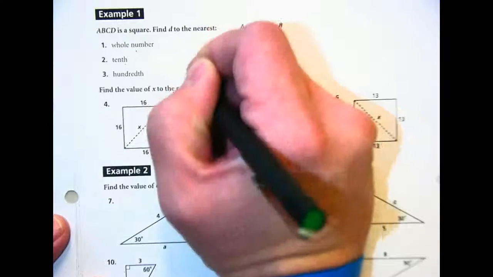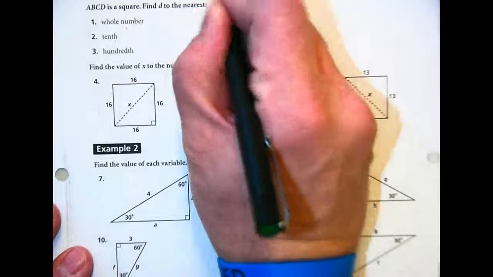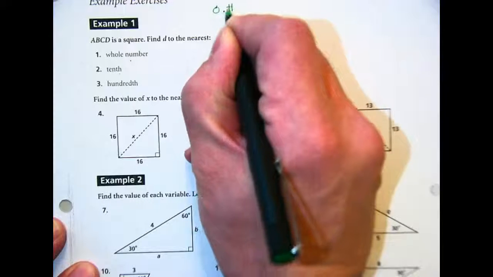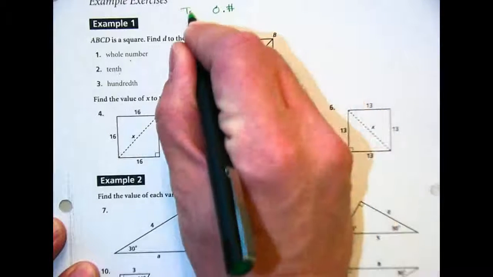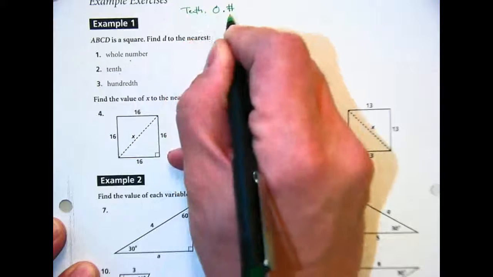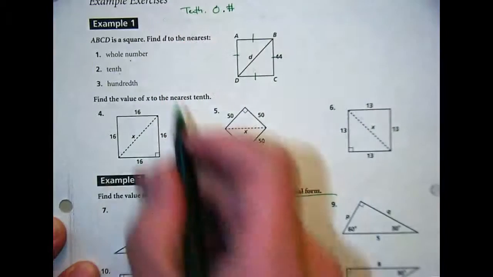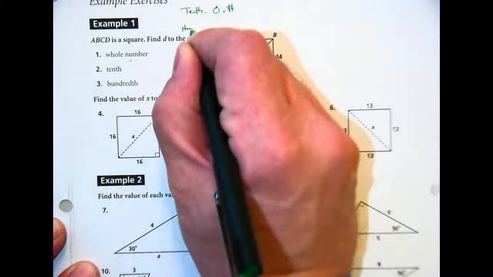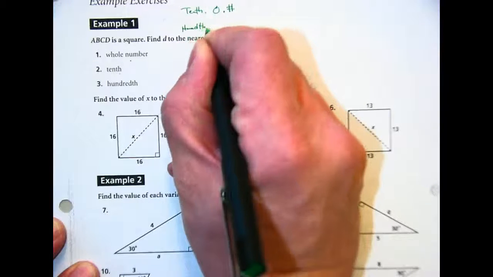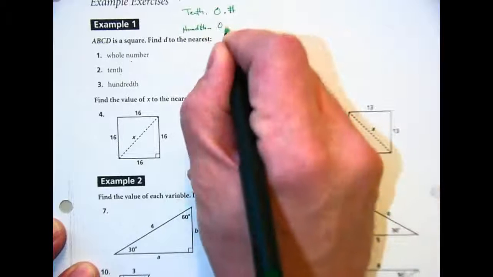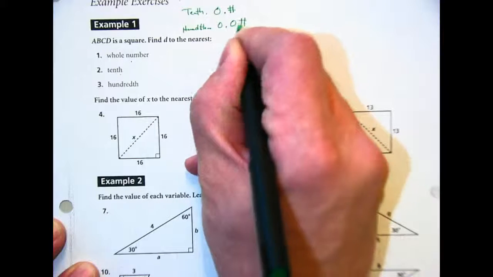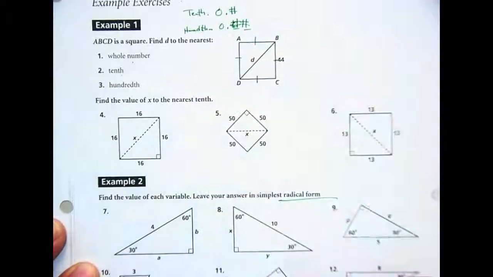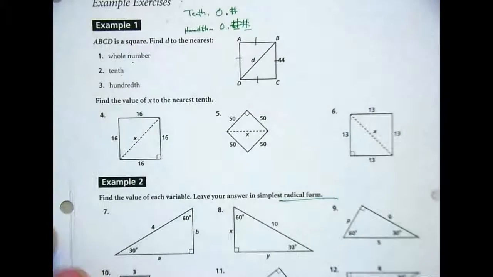If I had 0 point, that is the nearest tenth. How many zeros are in 100? 2. So the hundredth is 2 numbers behind the decimal, and one of those numbers might be a 0.